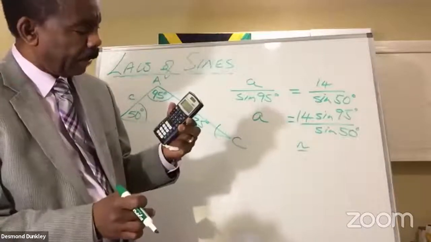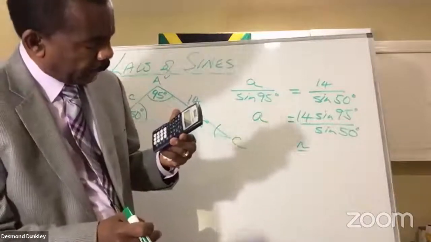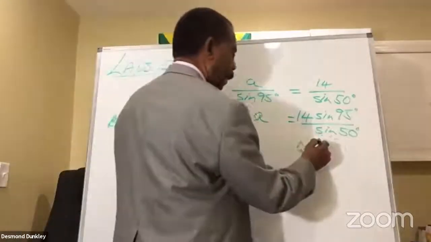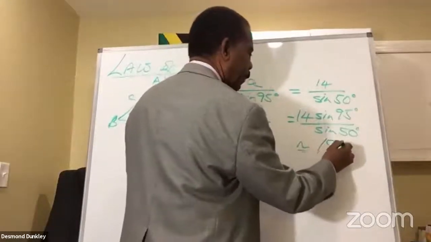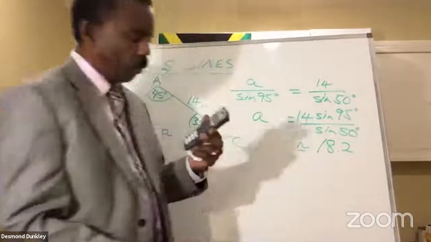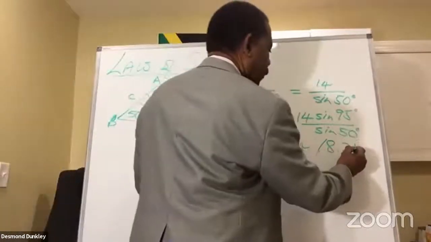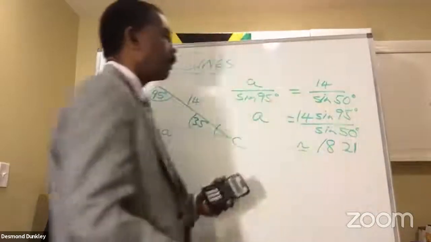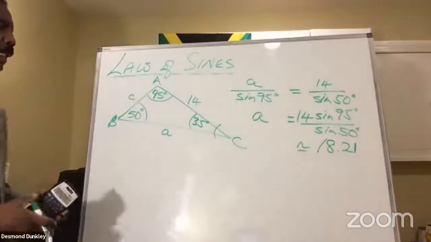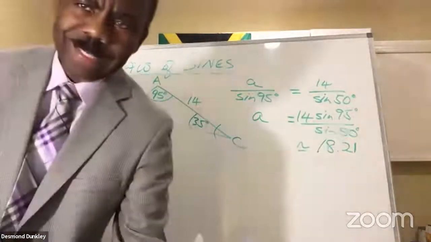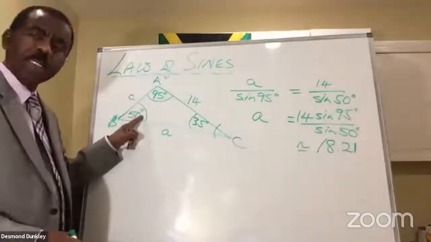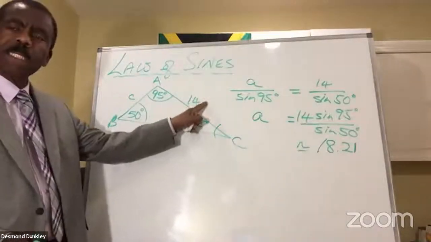And that gives me 18.2 approximately. I'm going to one decimal place, so I'll round up, 18.21.